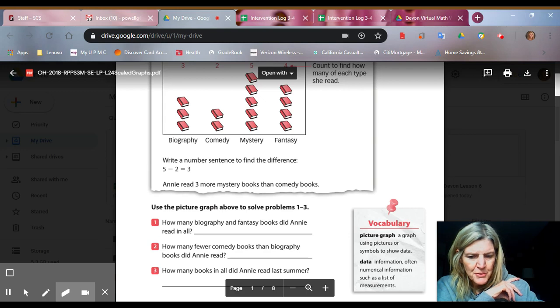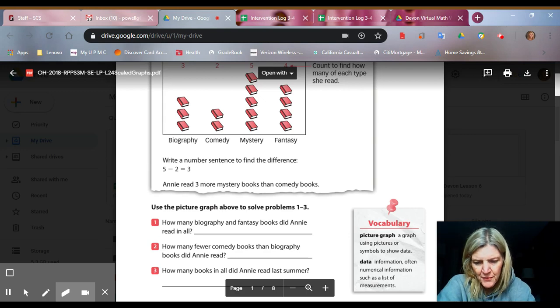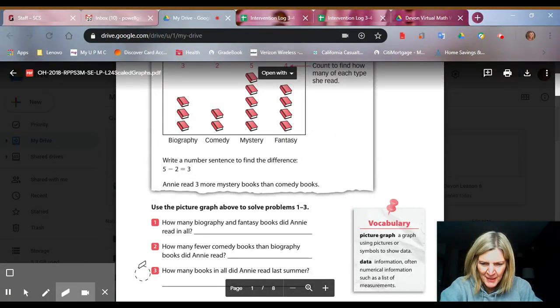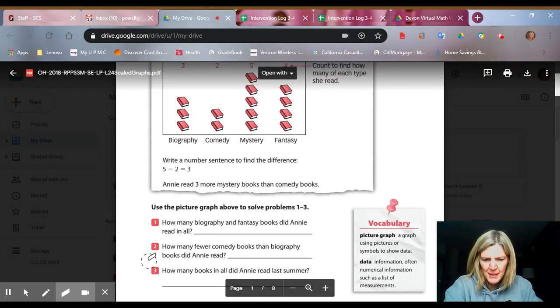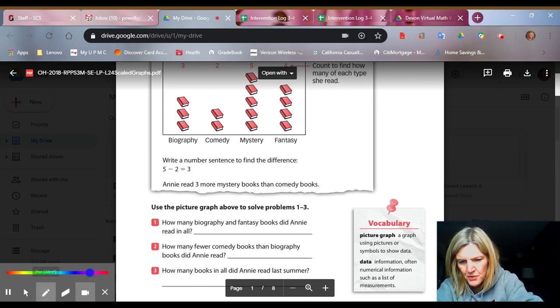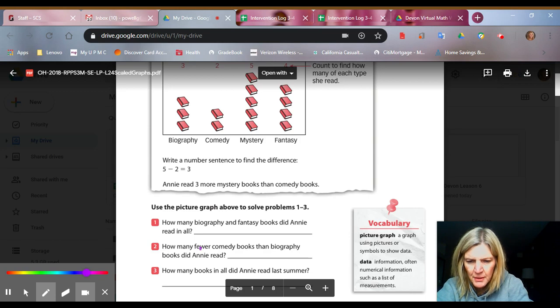Now down to number 2. How many fewer comedy books than biography books did Annie read? If you're looking for how many fewer she read, fewer is your keyword.